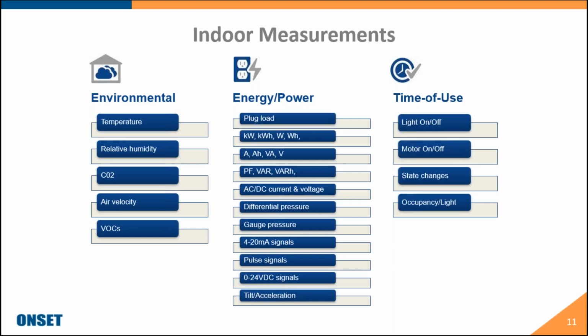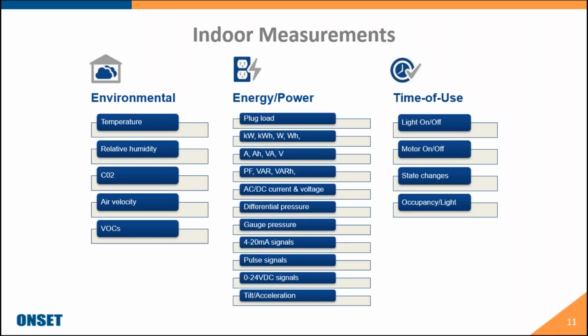by ASHRAE standards. On the power and energy side, we have plug load data loggers, devices to monitor kilowatts, amps, volts, power factor, both AC and DC current. We also have sensors for monitoring differential pressure, gauge pressure, 4 to 20 milliamp signals, pulse signals, DC voltage signals, as well as tilt and acceleration.